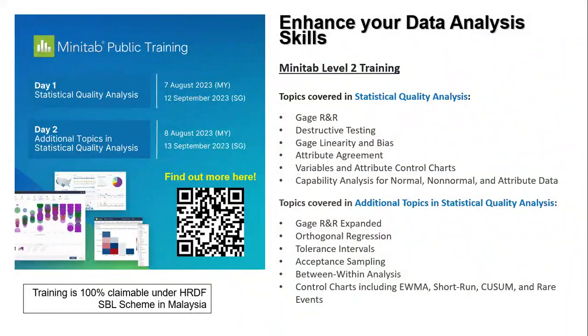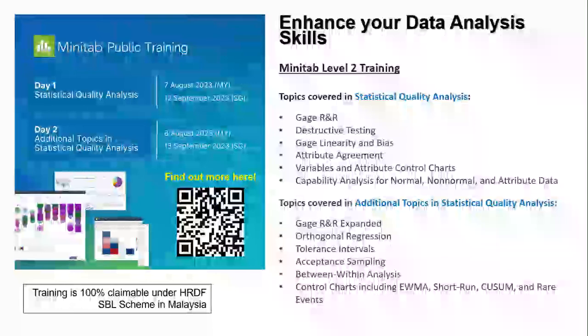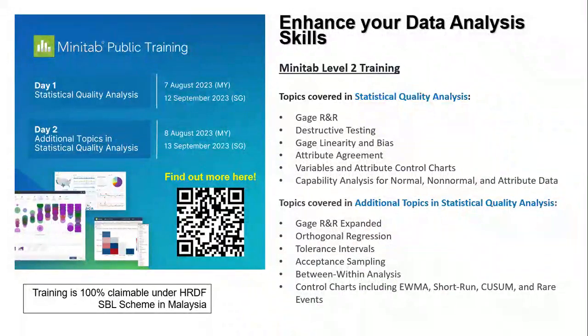For acceptance sampling, we are not covering it in the webinar session, so you need to go for the Minitab training. We also have advanced topics, like between and within analysis, which we did not cover today. Today is just one group. If you want more, you can scan the barcode here and see more information.